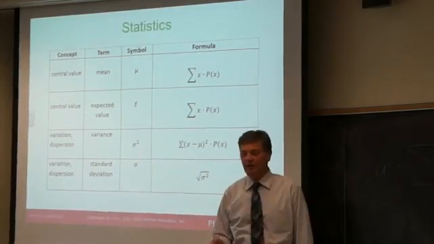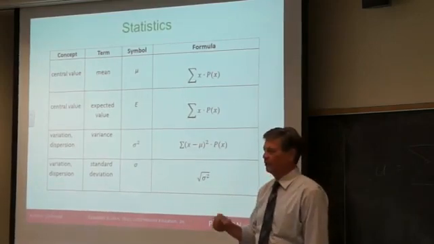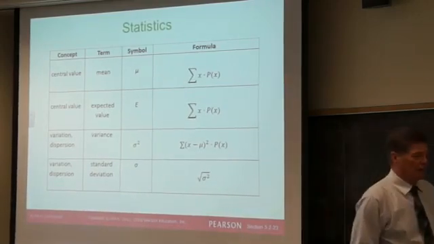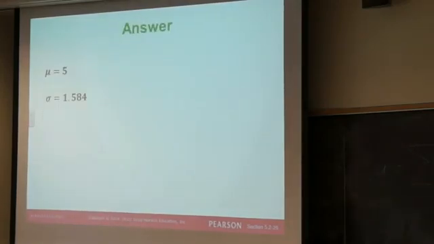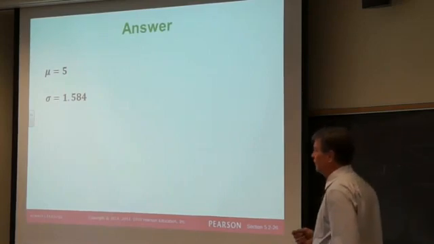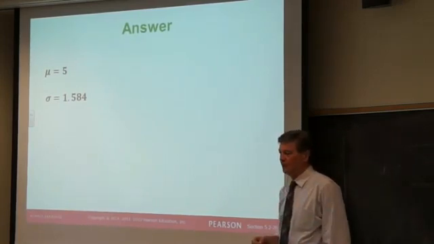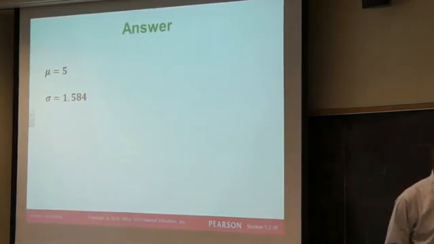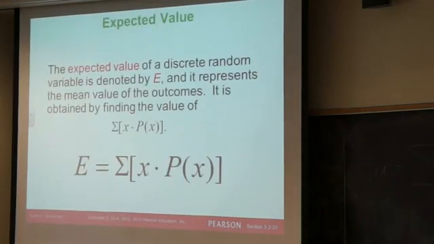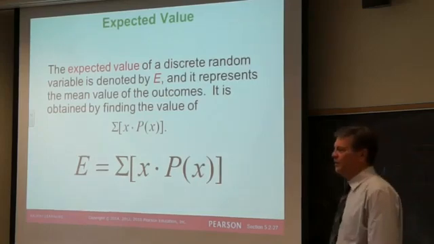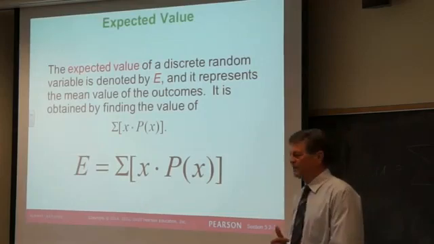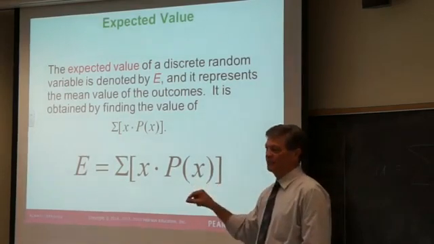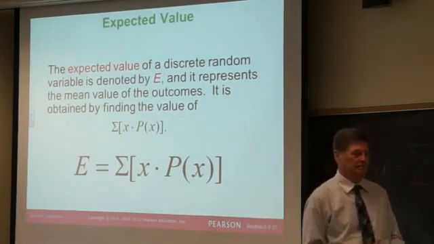The standard deviation is the square root of the variance. Your TI calculator doesn't give you sigma squared, but it gives you sigma, so just take it and square it if you need the variance. And the expected value, I said, we're going to treat as a synonym for the mean. There'll be some problems where you're asked to find the expected value, which is the same as finding the mean.